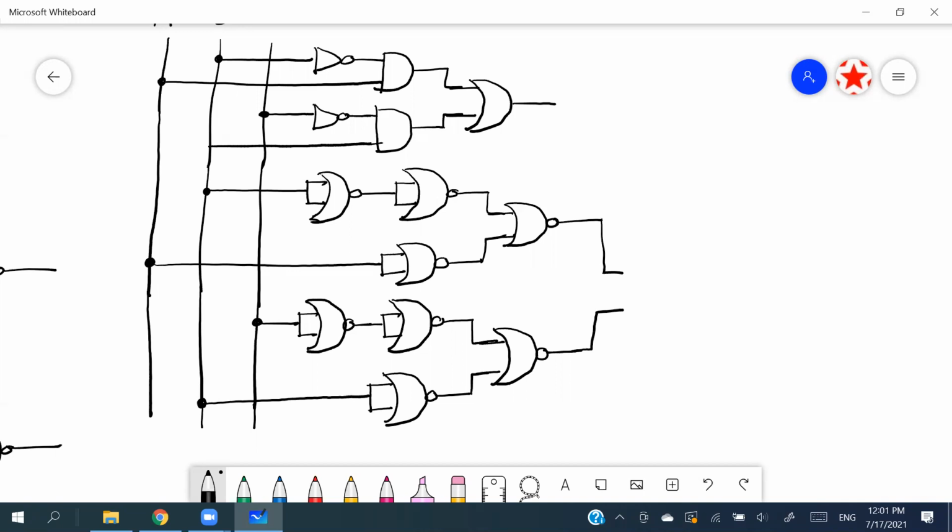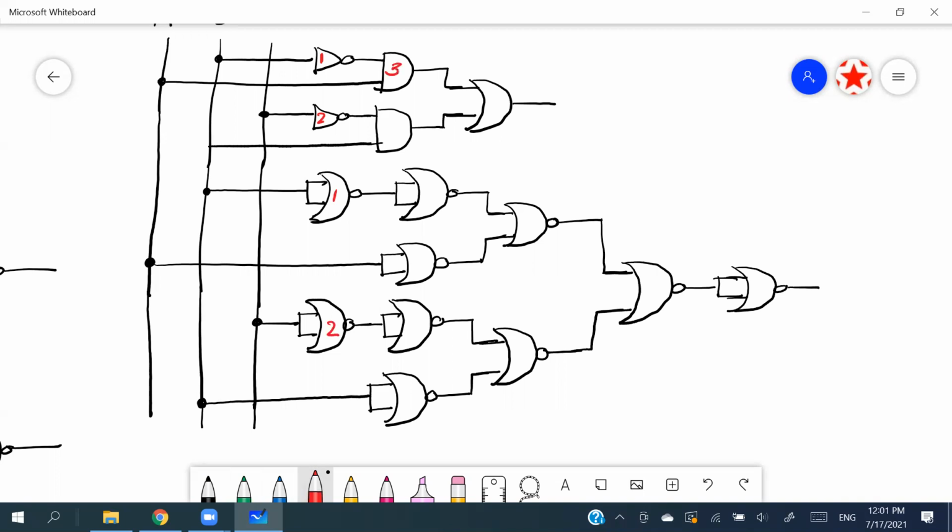Right, so it is created. And this is the way we are going to create the OR gate. Right. So let's mark the names. This is 1 and this is 2 and this is 1 and this is 2.